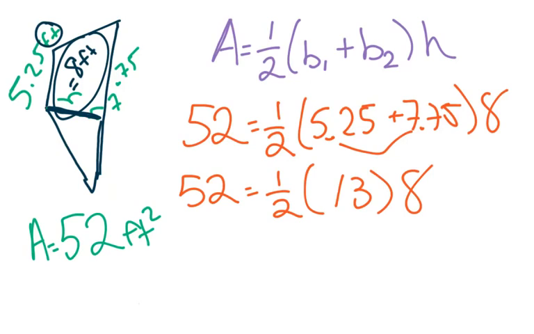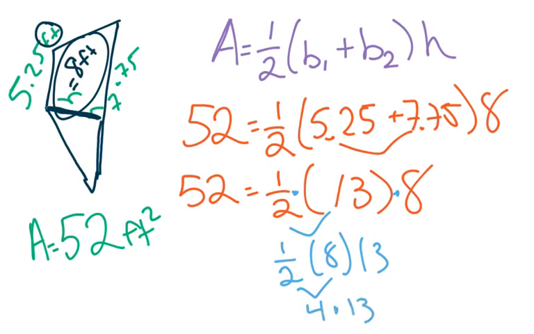Here's what I like about this formula: this is multiplication here, this is multiplication here. So it doesn't actually matter if I do half of 13, then multiply it by 8, or if I do half of 8, then multiply it by 13. I'm going to choose to do it that way because half of 8 is 4, and I can do 4 times 13 instead of half of 13, which is 6 and 5/10 times 8, just because I try to avoid decimal multiplication when I can.